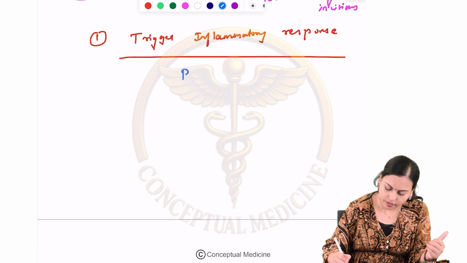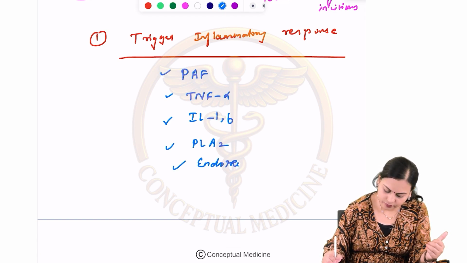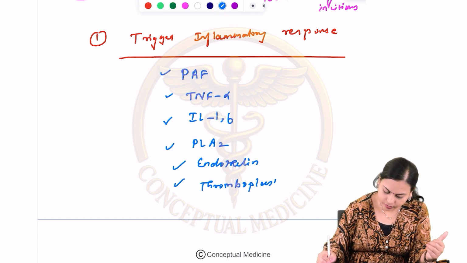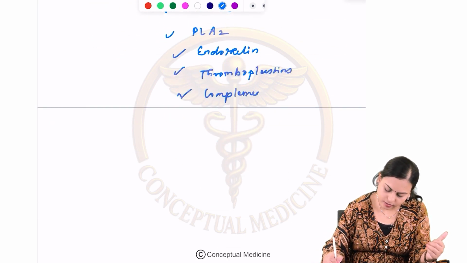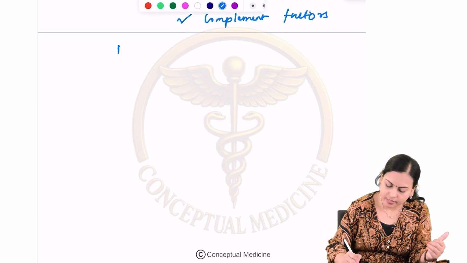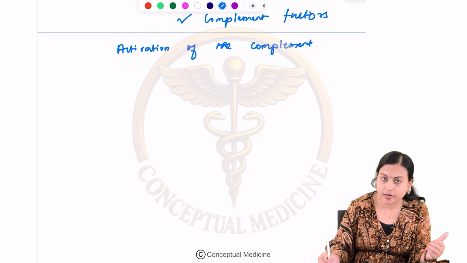Mediators can include platelet activating factor, tumor necrosis factor alpha, interleukin 1, 6, phospholipase A2, endothelin, thromboplastins and even complement factors. So, when all these things are happening, there is activation of the complement as well as the fibrinolytic system.